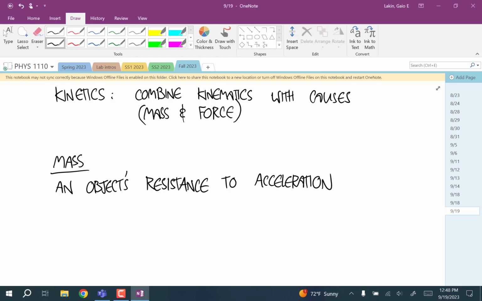For astronauts, like on space stations and stuff, it's a big concern that there aren't the same forces acting on them as there are on Earth, and they can lose bone density and lose muscle mass. And so it's really important to keep track of an astronaut's mass when they're up there. But how do you do that? You can't use a bathroom scale.